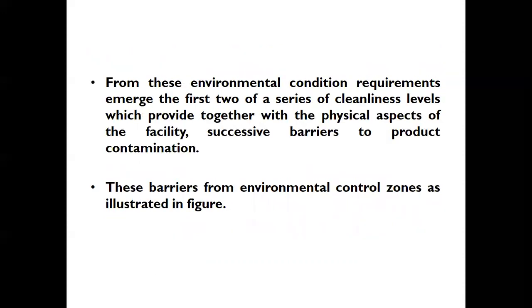From these environmental condition requirements emerge the first two of a series of cleanliness levels which provide, together with the physical aspects of the facility, successive barriers to product contamination. These barriers form environmental control zones as illustrated in the figure which we just saw in the last slides.